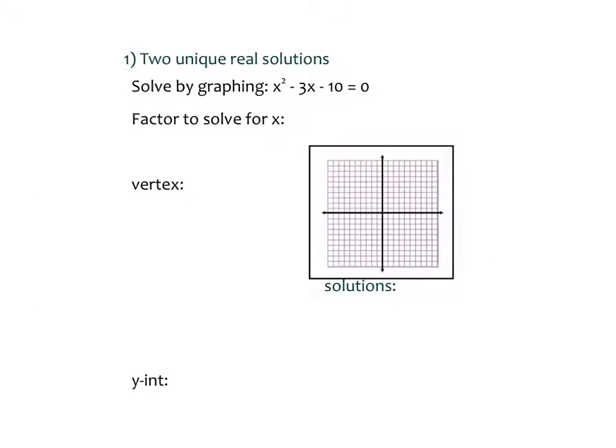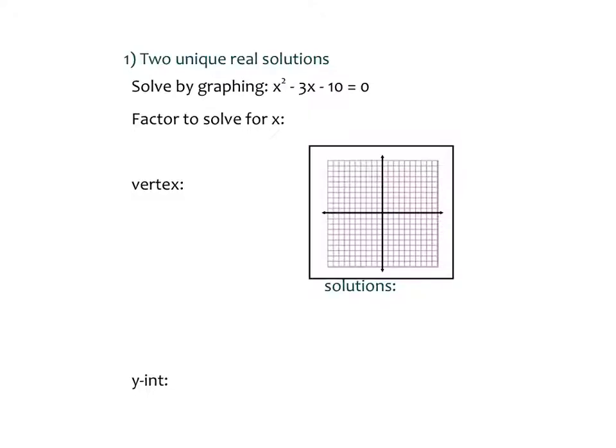Okay, let's look at an example for what two unique real solutions would look like. So again, we're going to solve by graphing, and we're going to graph x squared minus 3x minus 10 equals 0. So we're given an equation, and it's already set equal to 0, so let's try factoring to find our actual solutions to this quadratic equation.